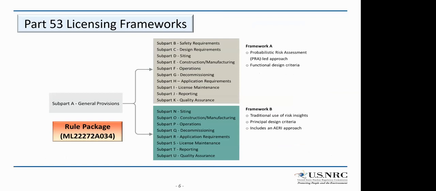And as most of you know, if you've been listening to past community practices or to our public meetings at the NRC, Part 53 is currently divided into two frameworks. We started out with subparts A through K, and again, that follows largely a framework that's built off of using the Licensing Modernization Project output, NEI 18-04 and Reg Guide 1.233, as kind of the background, as one acceptable way that could have been implemented.